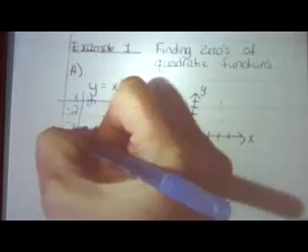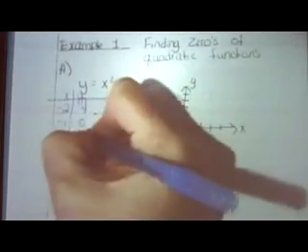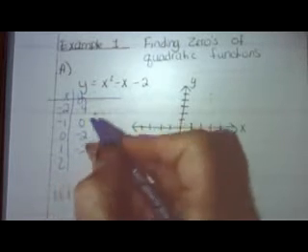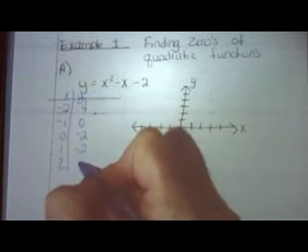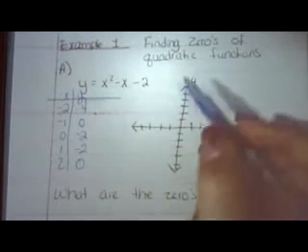Let's use x values negative 2, negative 1, 0, 1, and 2. When x is negative 2, y is 4. When x is negative 1, y is 0. 0, negative 2. 1, negative 2. And 2, 0. Alright, let's graph those points.